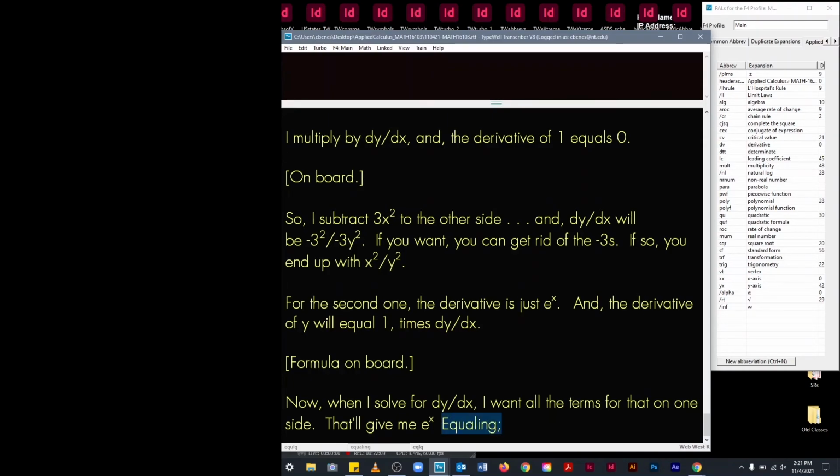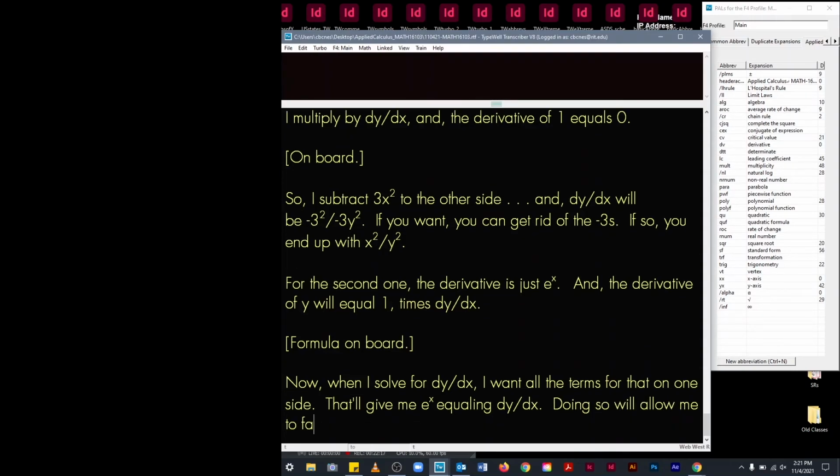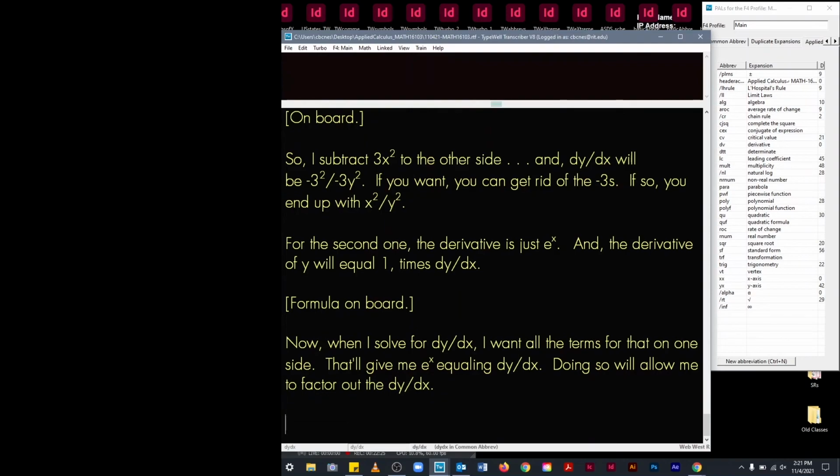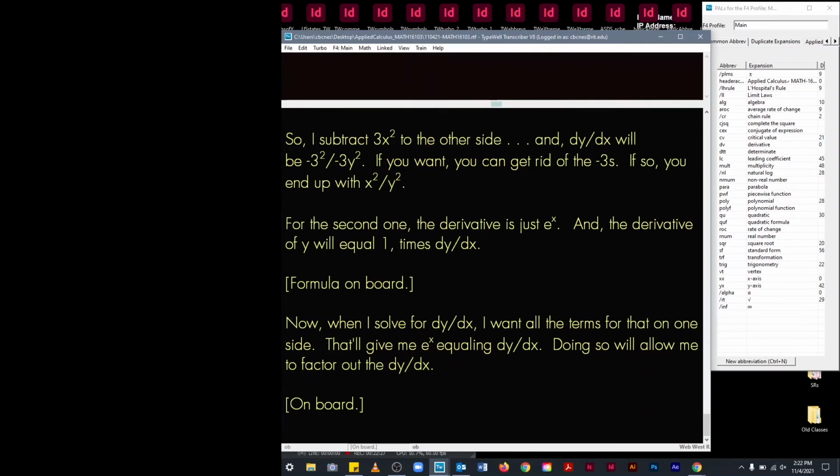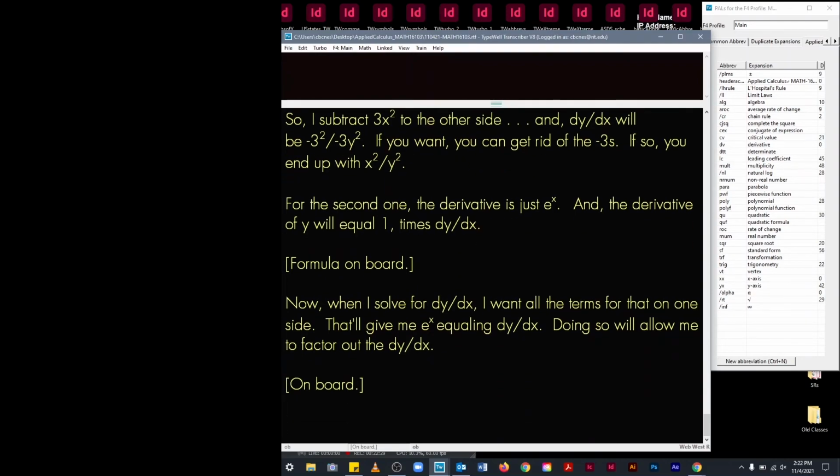Doing so allows me to factor out dy dx. So that gives me e to the x is going to equal dy dx times e to the y plus 1. All right. And since the goal is to get dy dx by itself, I now divide.